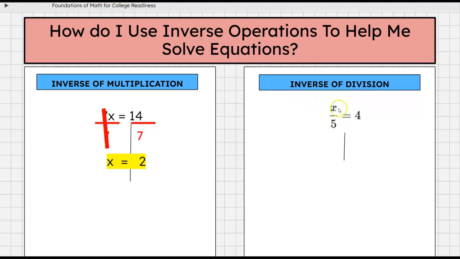All we want to do is to get this x alone, and the way to do that is to use the inverse of division. In all cases, the inverse of division is multiplication. In this case, we need to multiply both sides by 5. When we multiply x over 5 by 5, it's going to cancel out that denominator, really turning it into a 1x. And then 4 times 5 is equal to 20. So we end up with x is equal to 20.